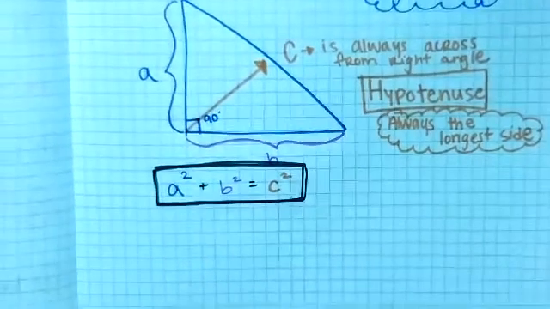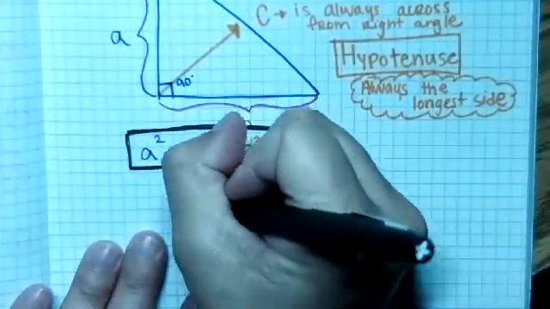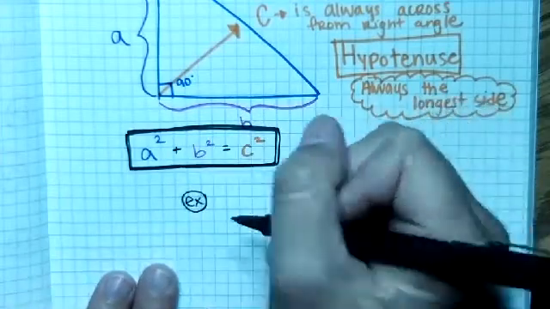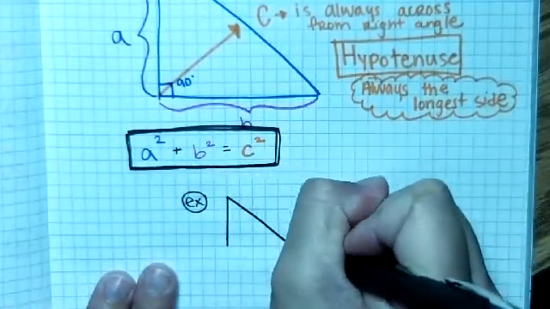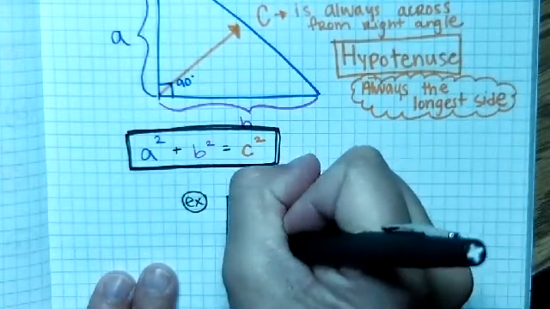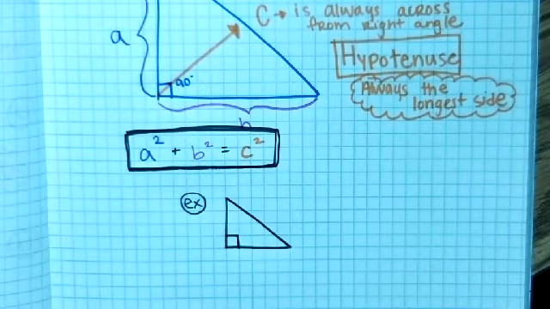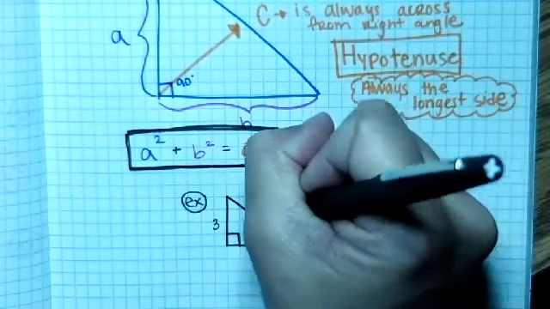So let's go ahead and do an example. And I'm just going to draw a little triangle. I have my right angle. It is a right triangle. And then I'm going to have that triangle.